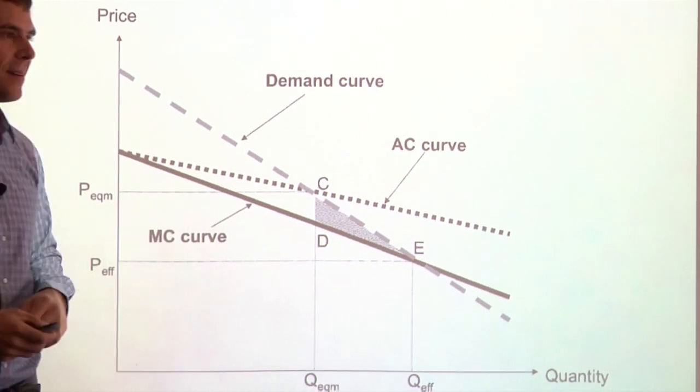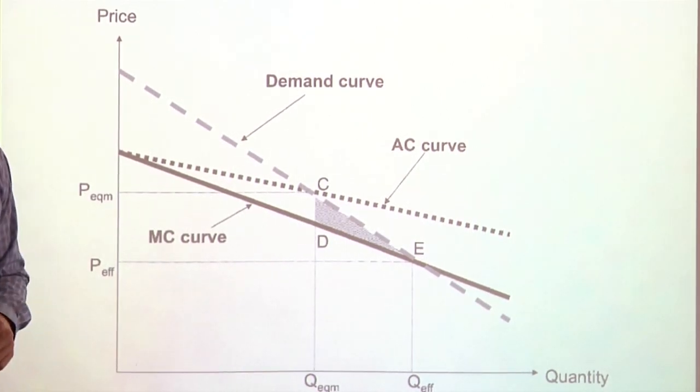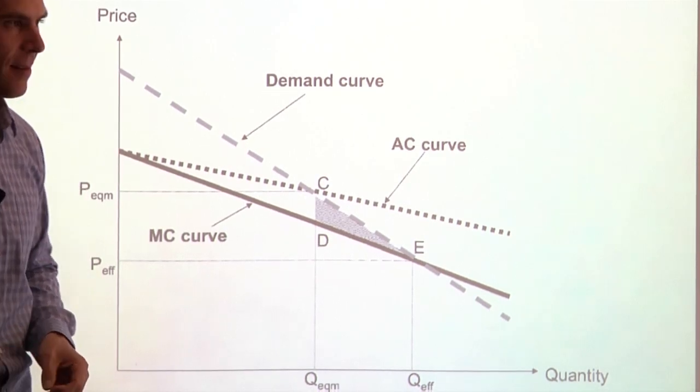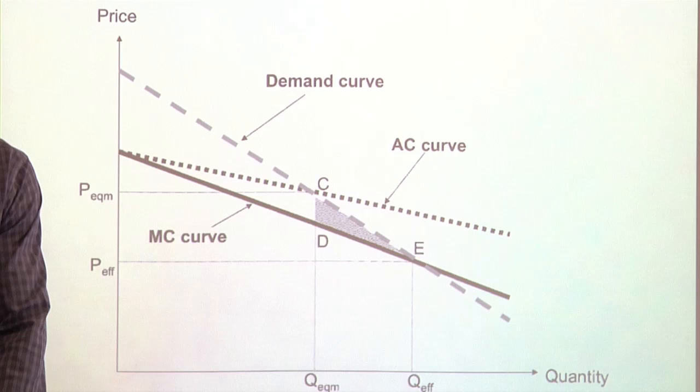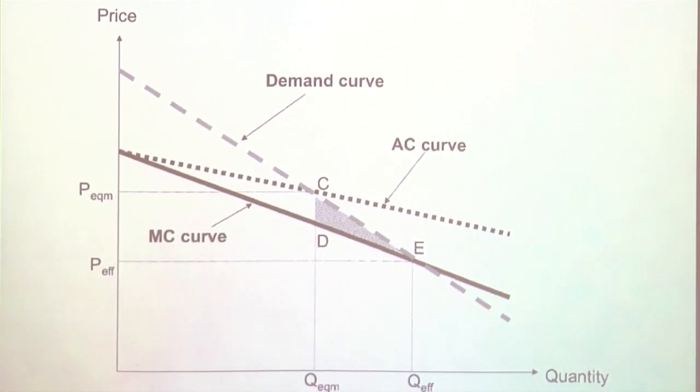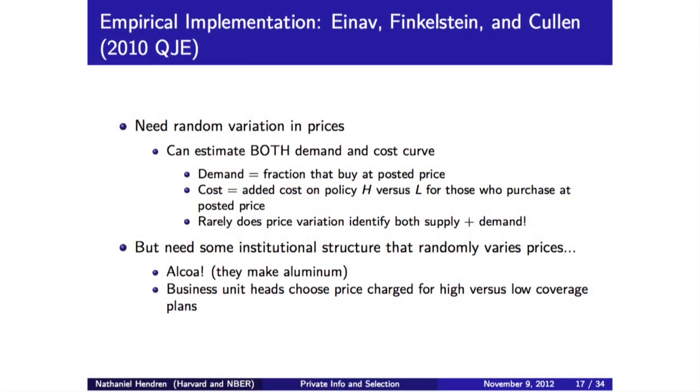The marginal cost curve, that would be extremely hard to back out even then, wouldn't it? To know who's the marginal person. Yep. So this is the beauty here. If you have random variation in prices, then you can say for any given price, what's the set of people who are willing to pay that price?